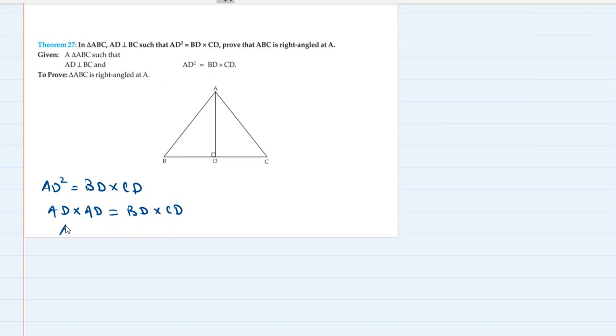Then I will write it as AD upon BD is equal to CD upon AD, which shows that triangle ADC, the name of the triangle which we can get from the numerator, is triangle ADC, and the name of the triangle which we can get from the denominator is triangle ABD.